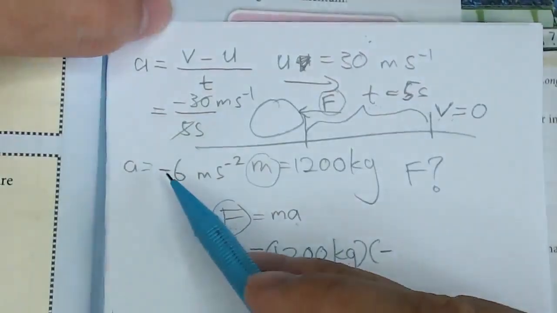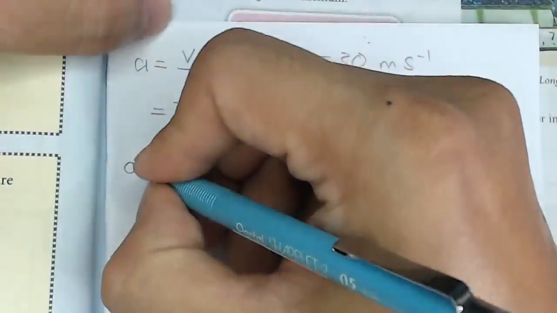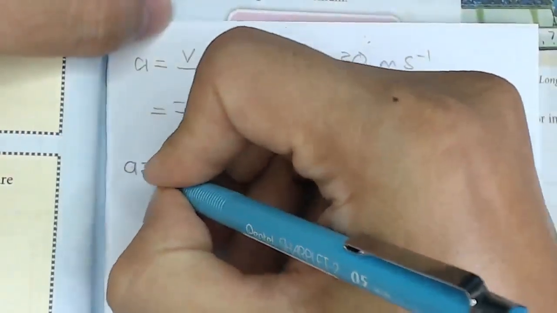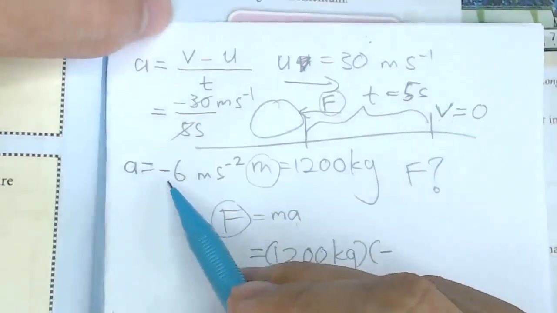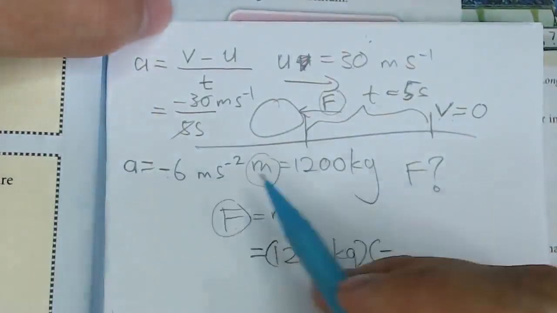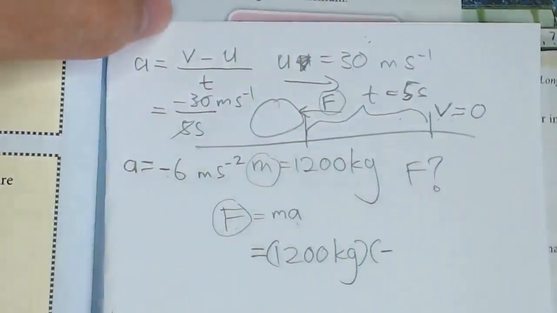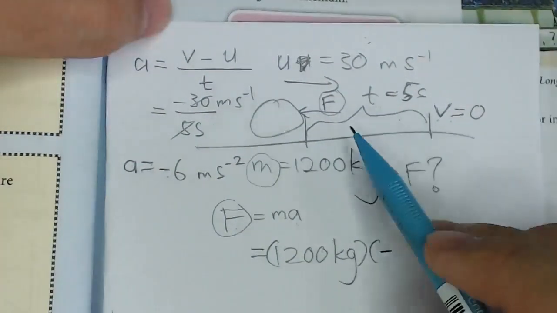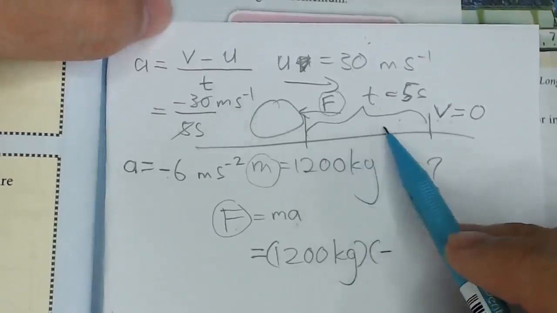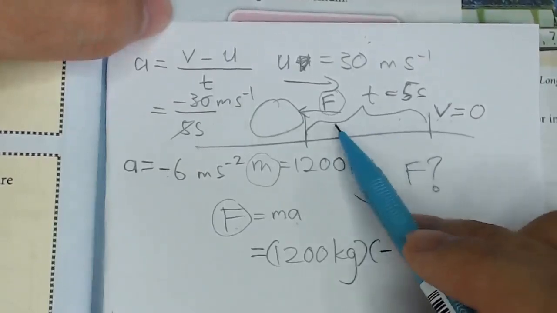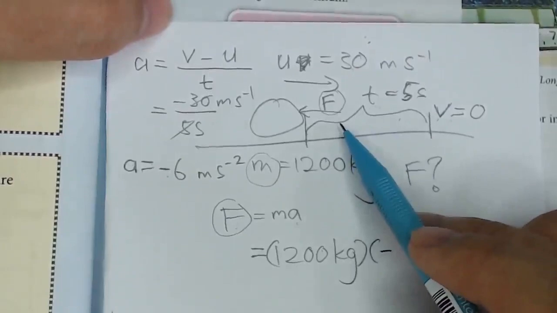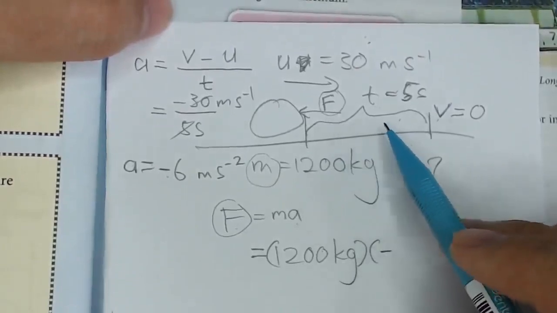The negative from the calculation is telling us that the acceleration is deceleration, which means it tries to decrease the speed.